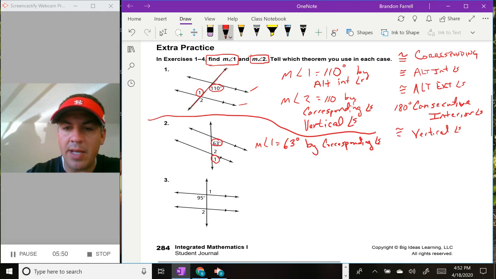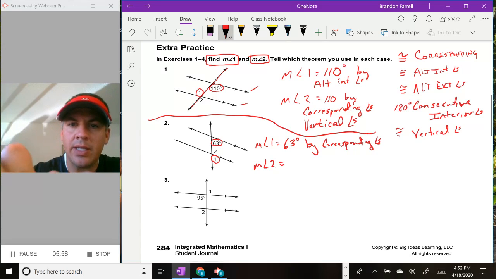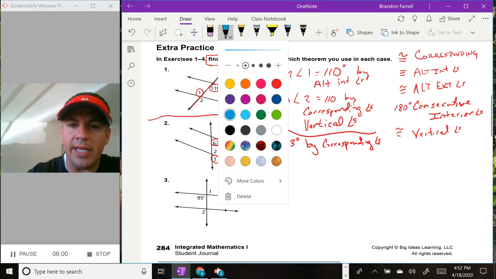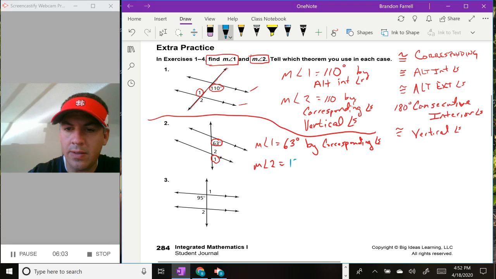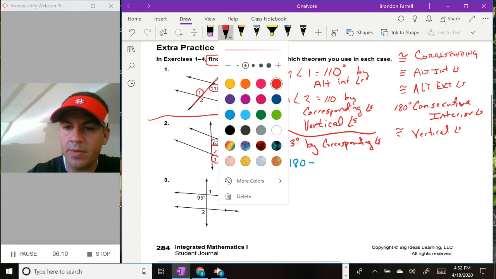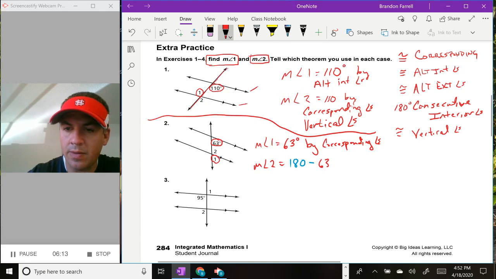And then the measure of angle 2 needs to be figured out by doing 180, which creates a supplementary angle, minus the 63, because you can do it one of two ways. These are consecutive interior angles, or you could say that these form a linear pair of angles.